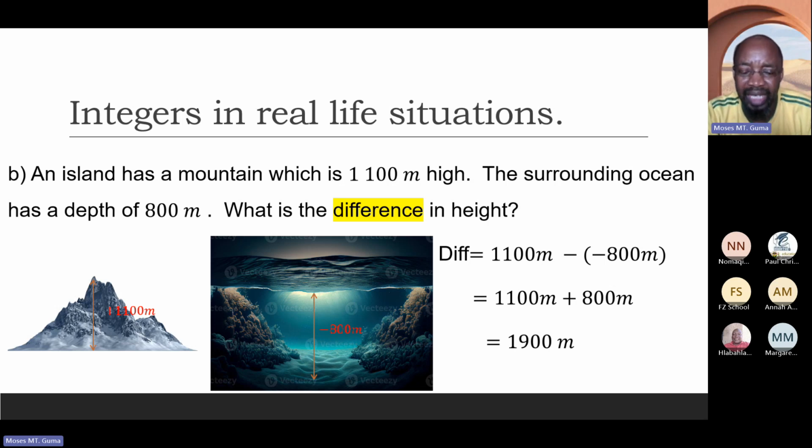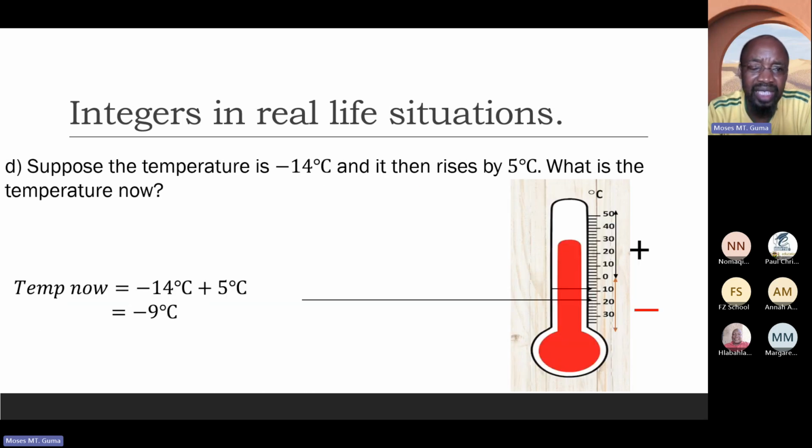Now, because the depth is in the opposite direction, it would be minus 800 meters. Now we have 1,100 meters minus 800 meters. Remember what you said now. It would be 1,100. Negative times a negative is a positive, which gives us plus 800. When we add the 2, we get 1,900. Can you see that integers are actually applied in real life?